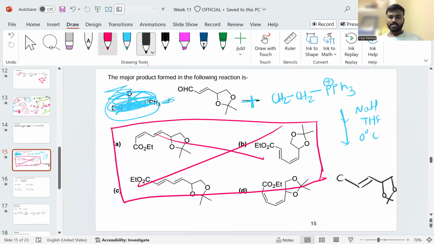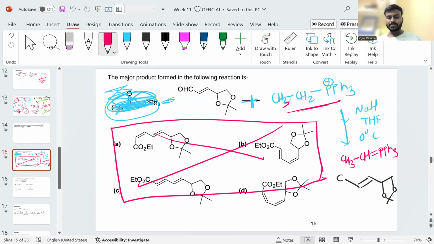And now we have this part from this Wittig. Due to the sodium hydride, it forms the ylide internally, CH3 CH double bond PPh3.